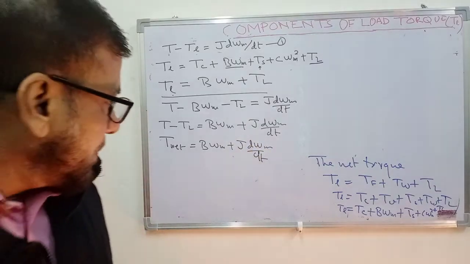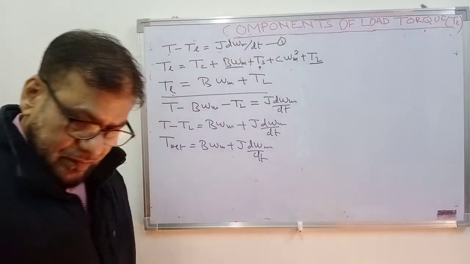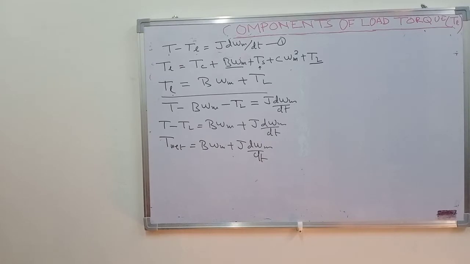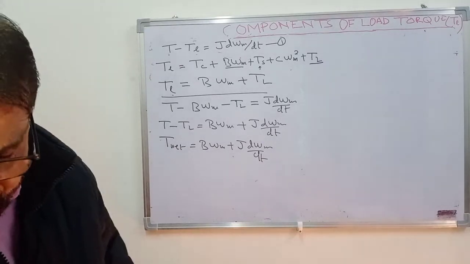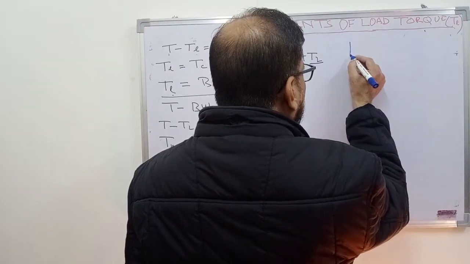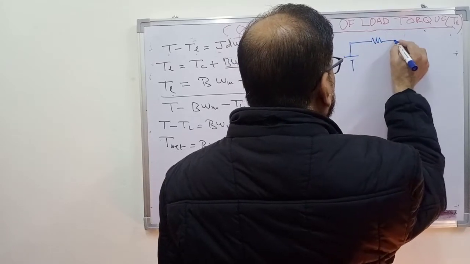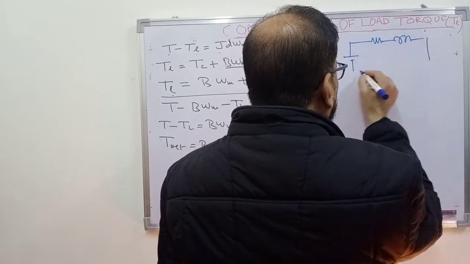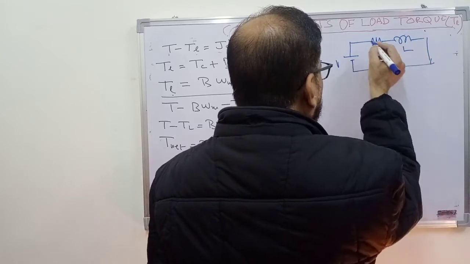Now this equation that we have just written, you can compare with one familiar equation in electrical circuits. You recall one electrical circuit where we apply a voltage V to a series combination of R and L. That is a simple series RL circuit.